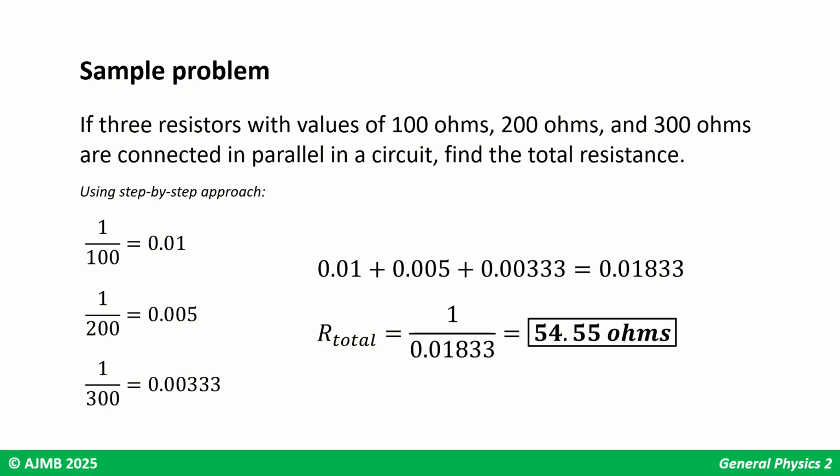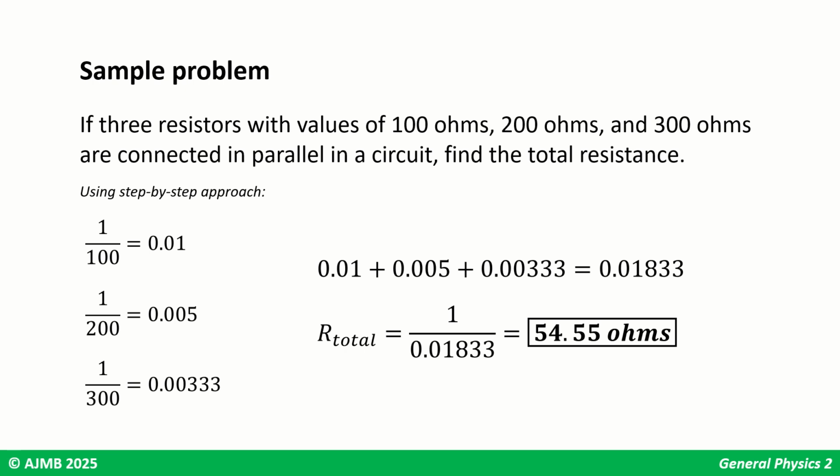And then you need to get the reciprocal of the sum of the reciprocals. So you just have to put it in the denominator here, 1 over 0.01833. So that's equivalent to 54.55 ohms.